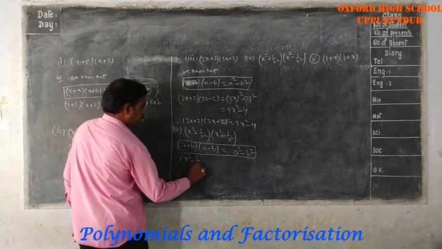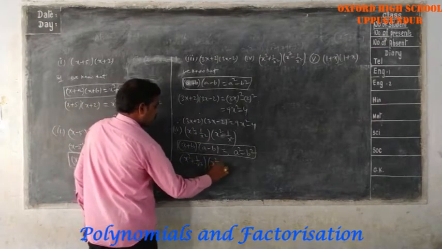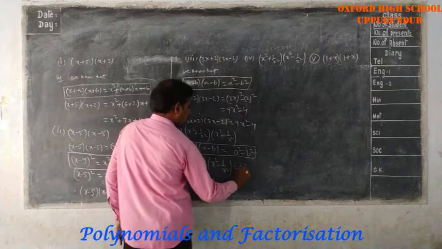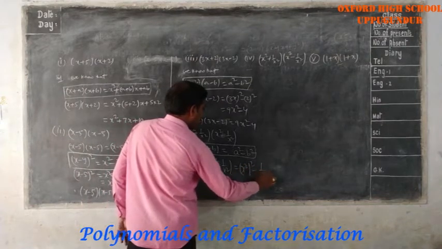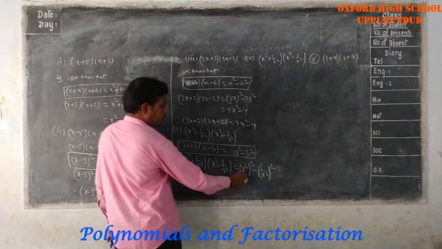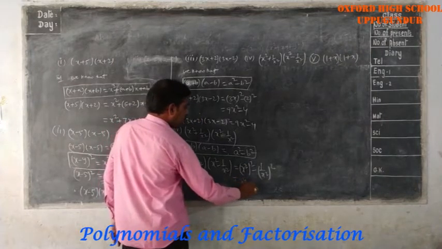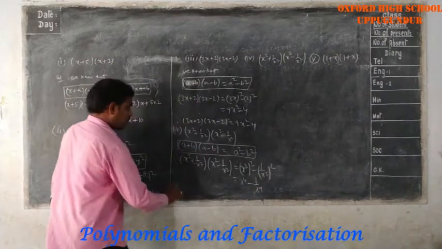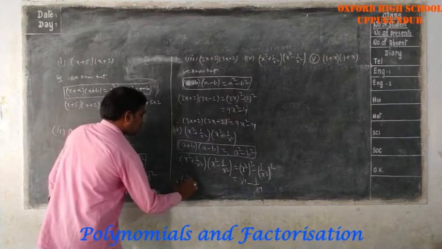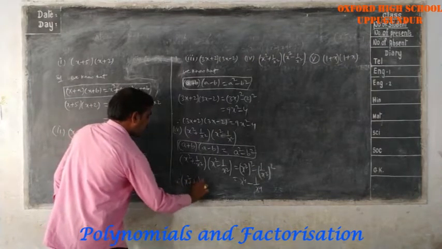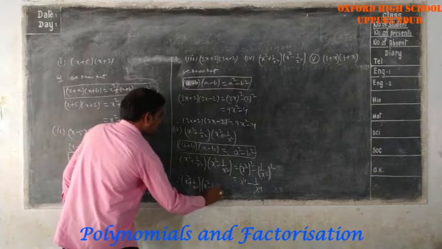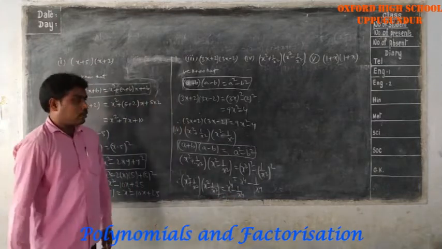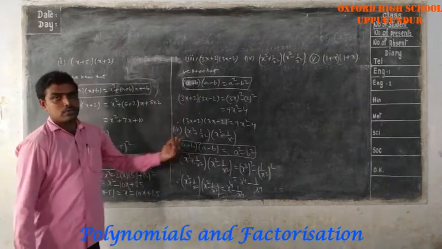So (x square) whole square minus (1 by x square) whole square. x square whole square is x power 4, and (1 by x square) whole square is 1 by x power 4. Therefore the product equals x power 4 minus 1 by x power 4. So using this identity, you can do these two problems.